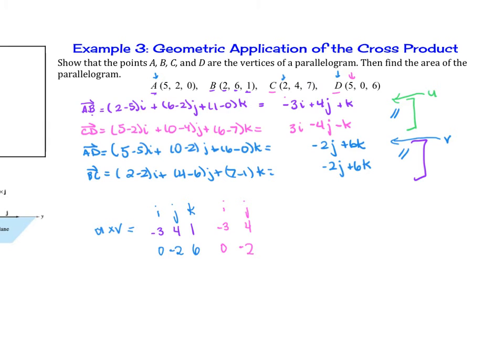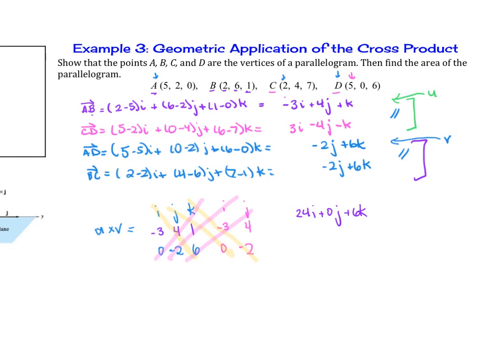And then we use the determinant to help us in finding this cross product here. So this is going to be 24I plus 0J, and then negative times negative is a positive 6K. Then we subtract these products, go in this direction.